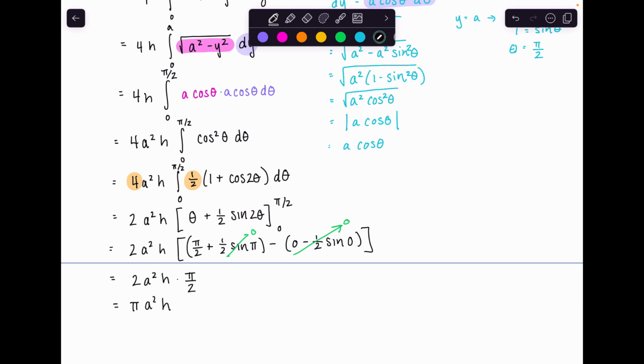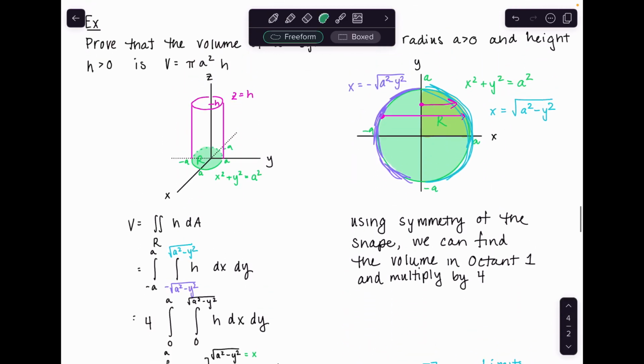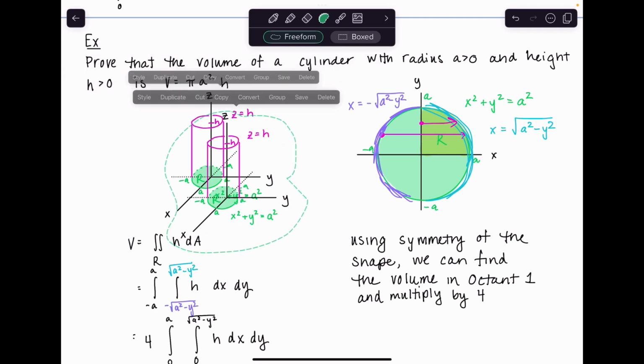So that was a long amount of time to do this in rectangular coordinates, and it required trig sub, which we really don't want to do. Now let's go ahead and do this using polar coordinates instead. So I'm going to go back up here for some time, and I'm just going to copy my picture down.